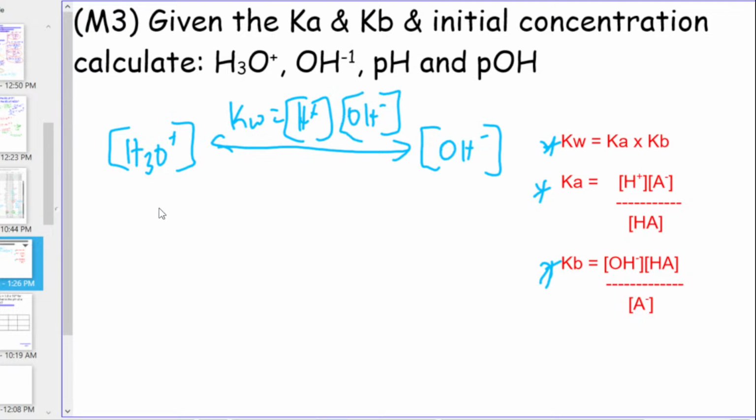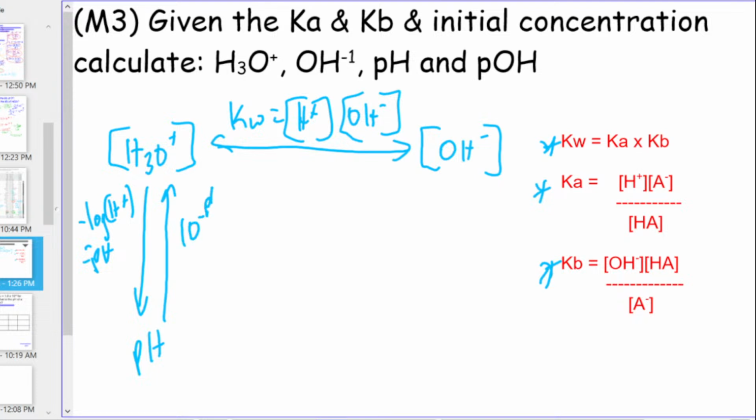If we want to take H3O plus and calculate the pH, what formula do we use? Negative log H plus equals pH. If we want to go from pH to H3O plus, we do 10 to the minus pH. Yeah, I'm just reviewing it.